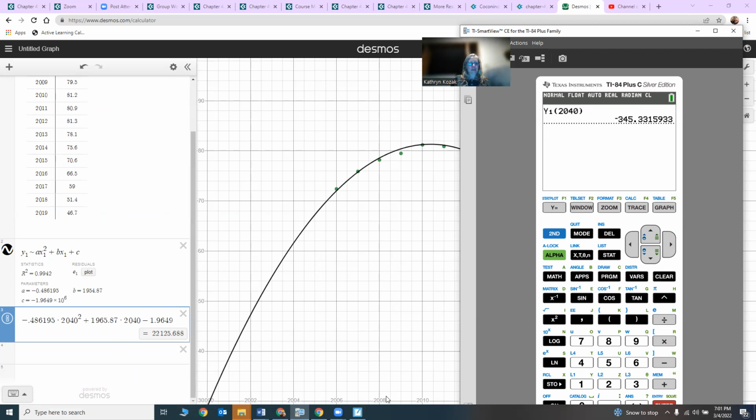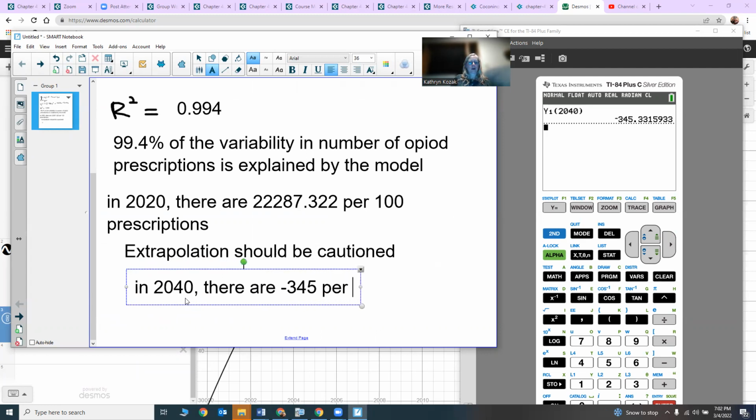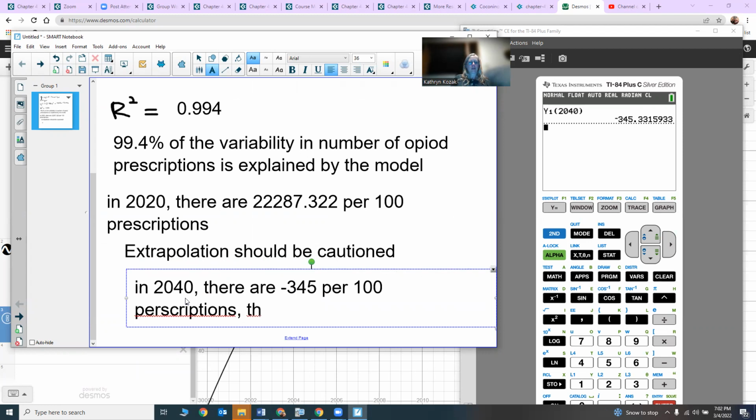And our answer here should be negative, which of course is definitely not trusted because we can't have a negative number of prescriptions. So in 2040, there are negative 345 prescriptions per 100. This cannot be trusted.